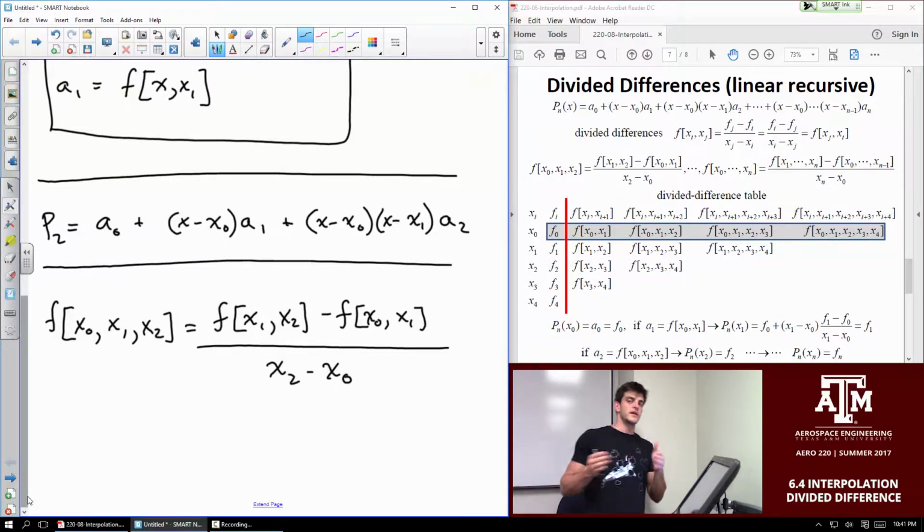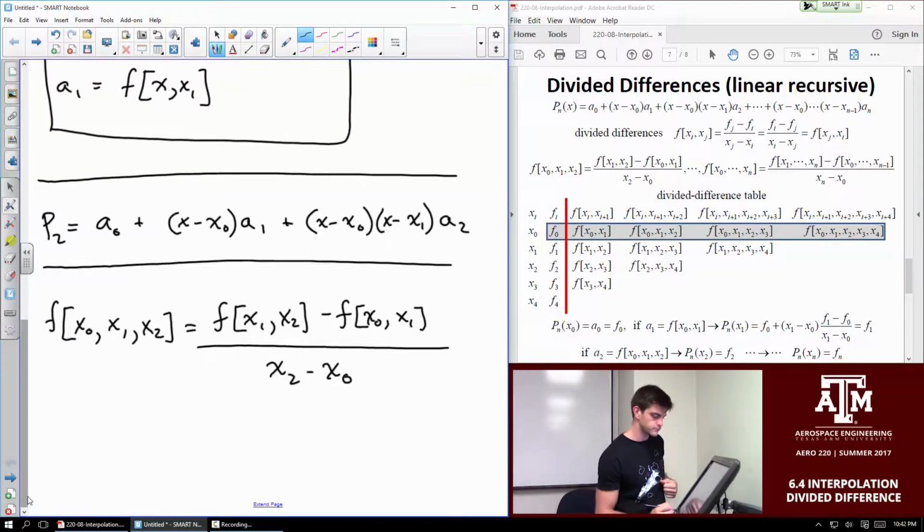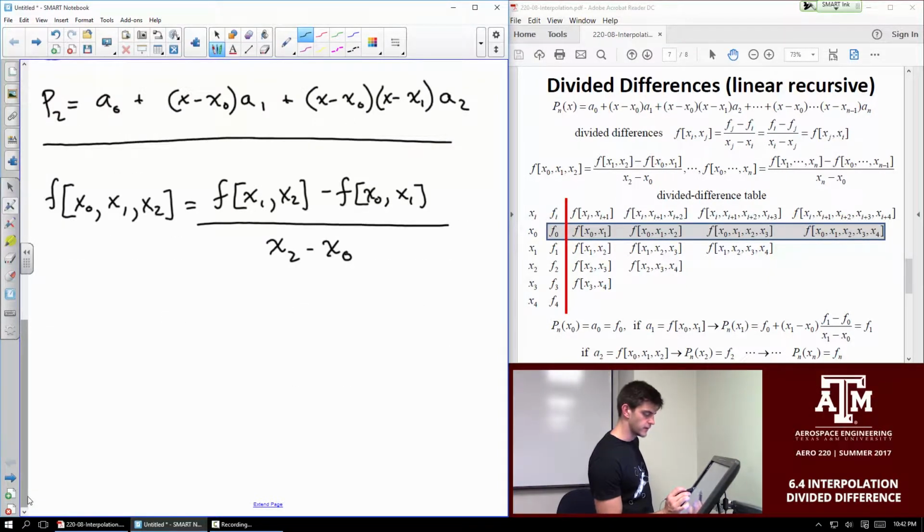So higher order divided differences are still the divided difference formula, but instead of using y values, you're using previous lower order divided difference values. And notice that the difference here is between the lowest x value and the highest x value.